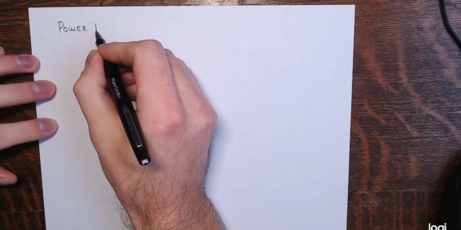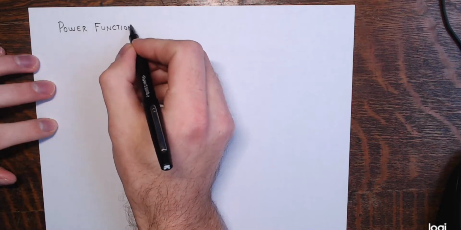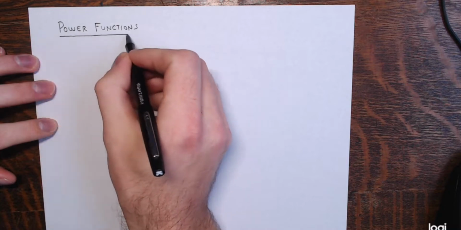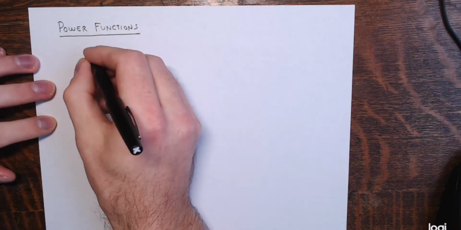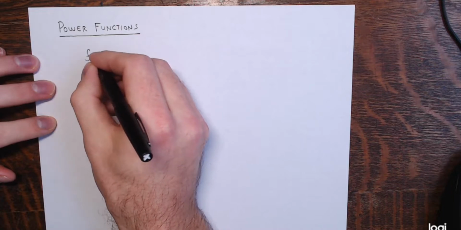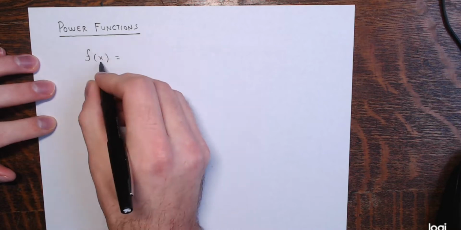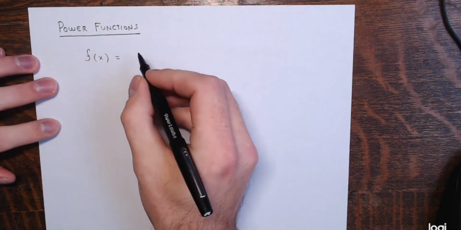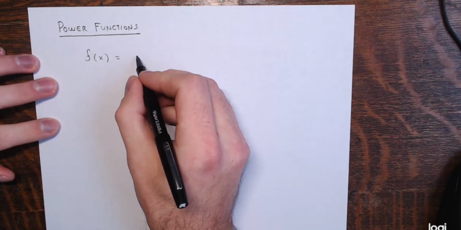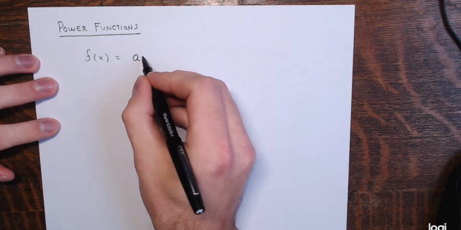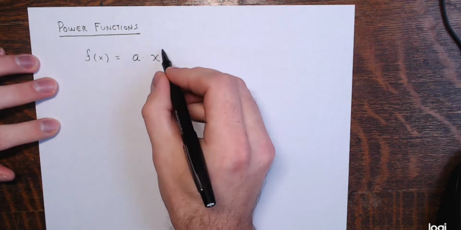Right, so first, the power functions look like the following. So any function that takes the following form or can take the following form. So f of x equals, right, so the input is x, equals a times x to the p.